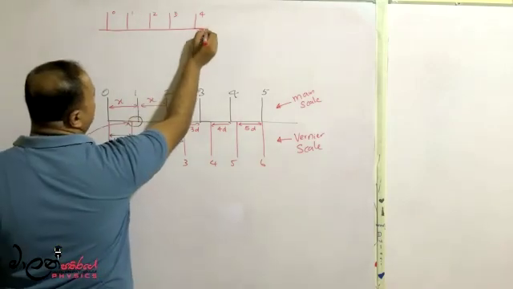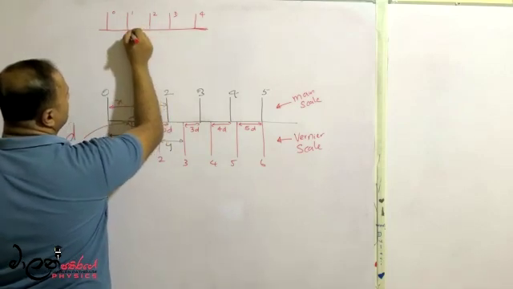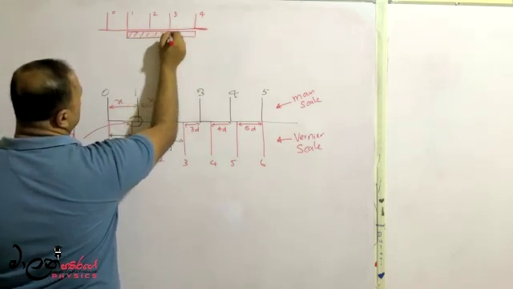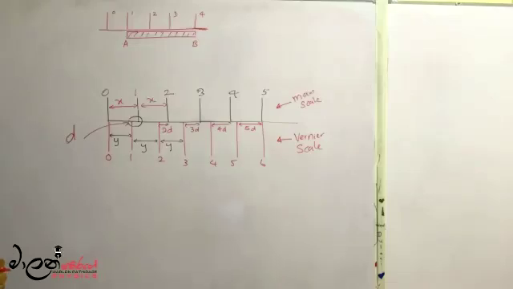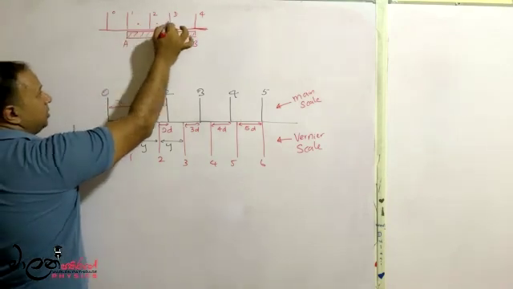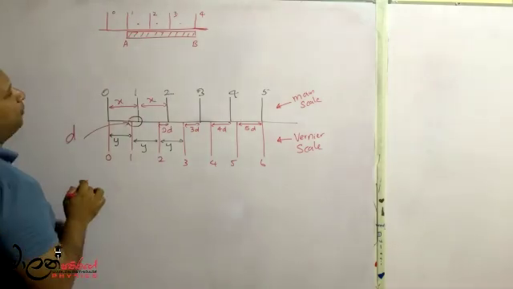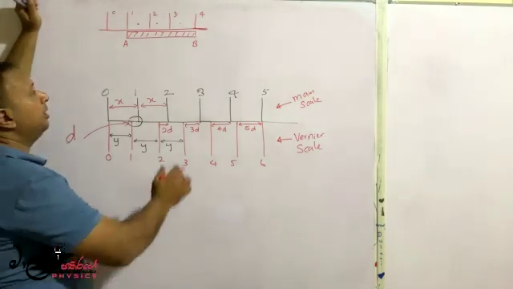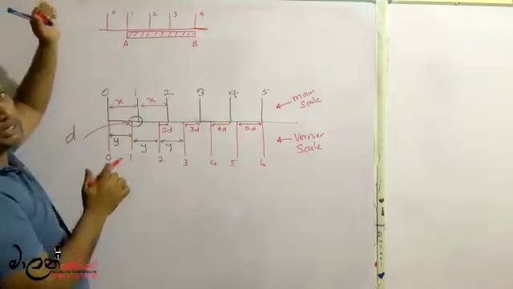Suppose there's a scale like this. If you want to measure the length of the stone, you have to take the number of gaps from A to B. Therefore, the length of AB is equal to 3 millimeter, if this gap is equal to 1 millimeter.